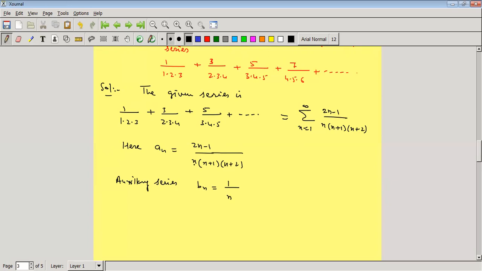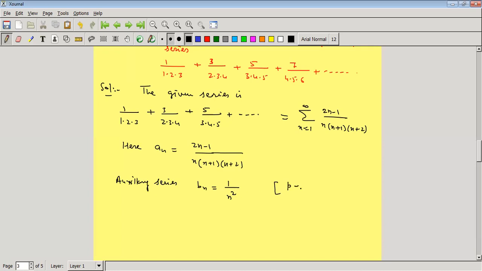The highest power of n in the denominator is n into n cube, that is 3, and the highest power of n in the numerator is 1. So 3 minus 1 is 2. So we can take Bn to be 1 upon n square. Here p is equal to 2.